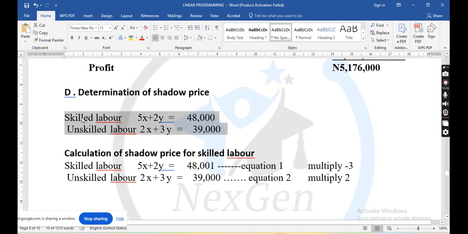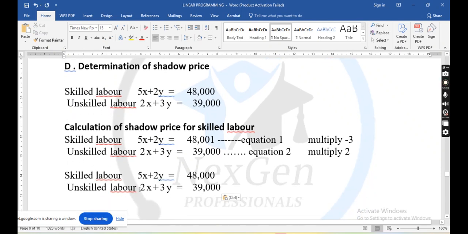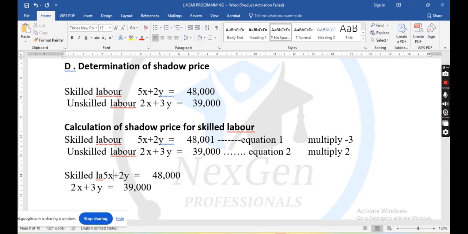That is what it means. So I cannot bring it down. So we multiply. Let me just put it there. Times minus 3.